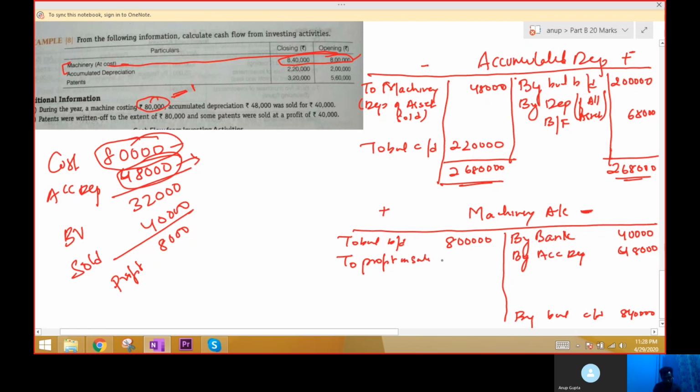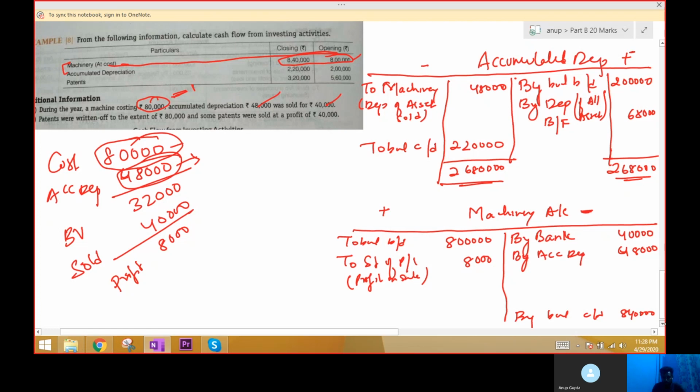Profit on sale in the statement of profit and loss, 8,000 rupees. What else is mentioned? Nothing else is mentioned. The 40,000 and 48,000 are recorded. Very good.